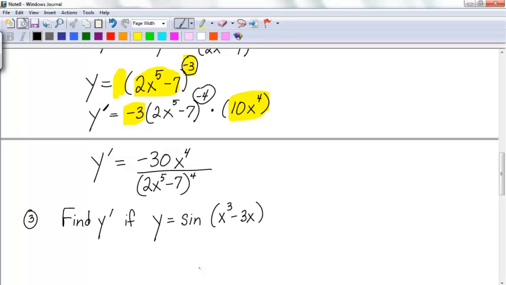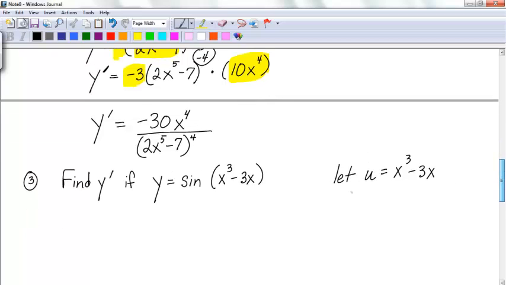You don't have anything if the angle is something other than x. So here's the first thing they're going to do. They're going to let u equal that angle. Let u equal x cubed minus 3x. So now we can write this as the sine of u.